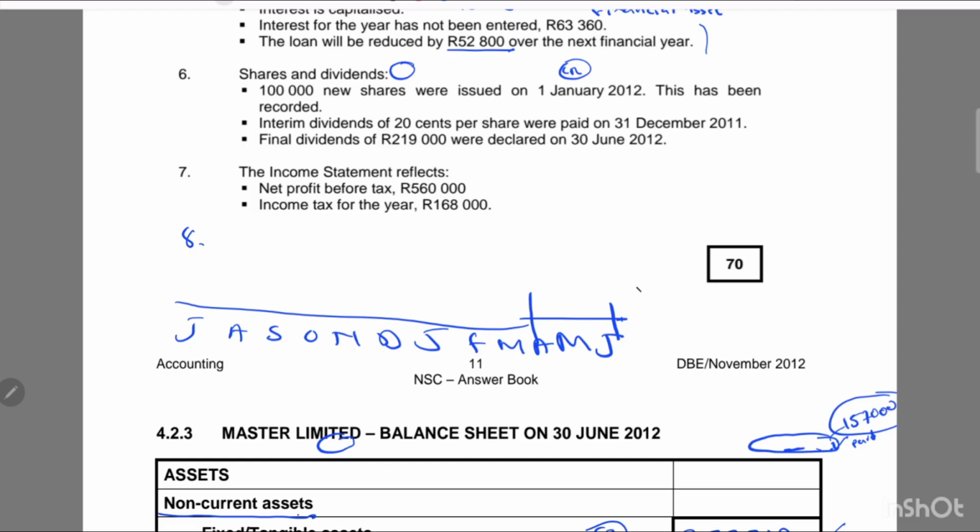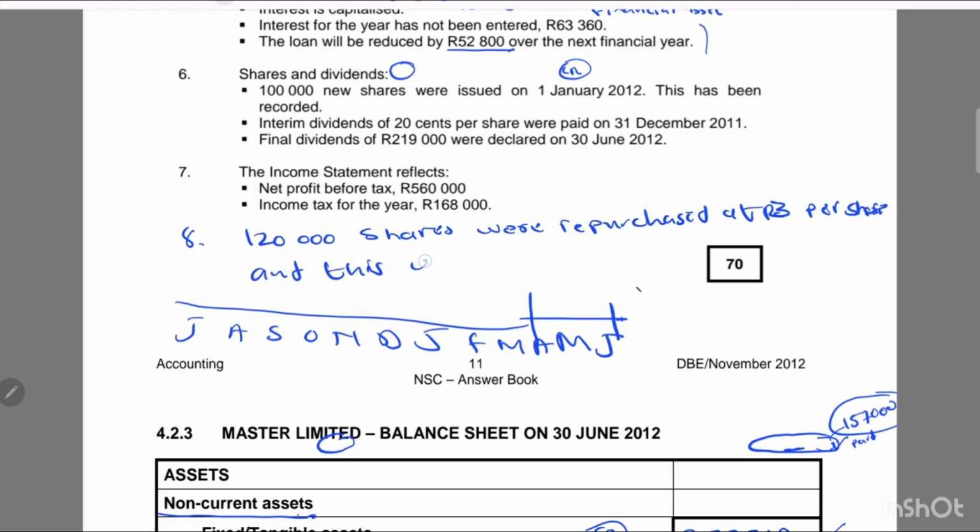Let me just say 120,000 shares were repurchased at 3 rand per share, and this was not recorded. Alright, I'm just adding the buying back, guys.